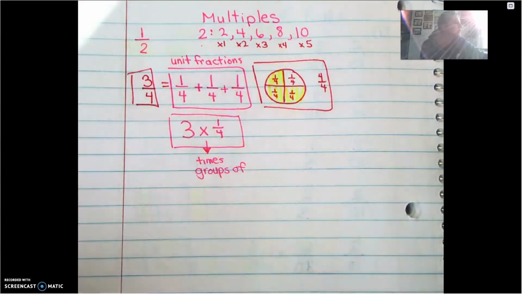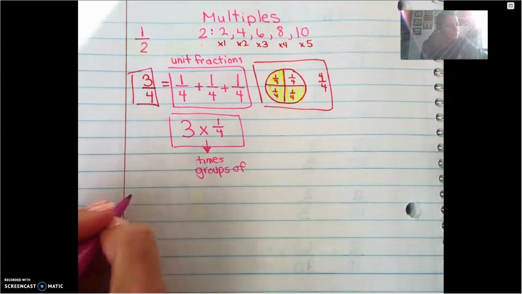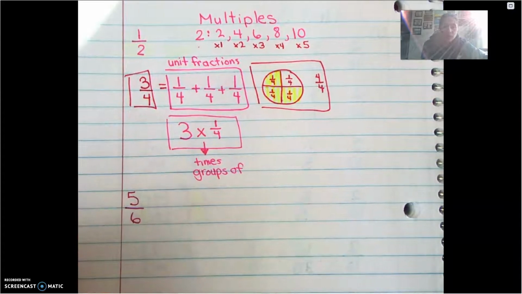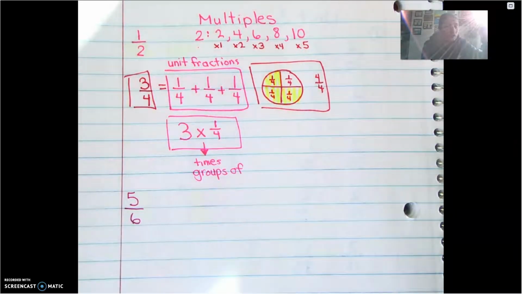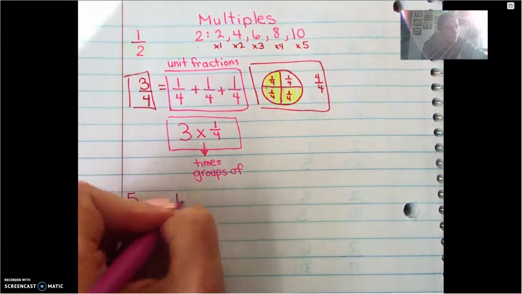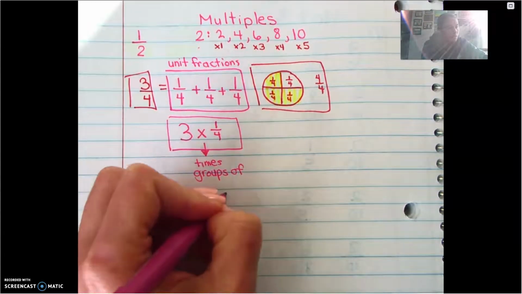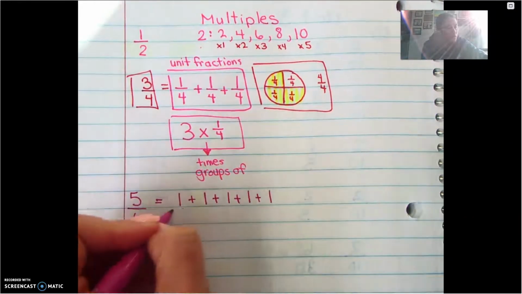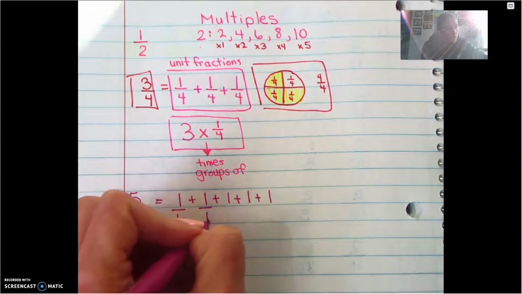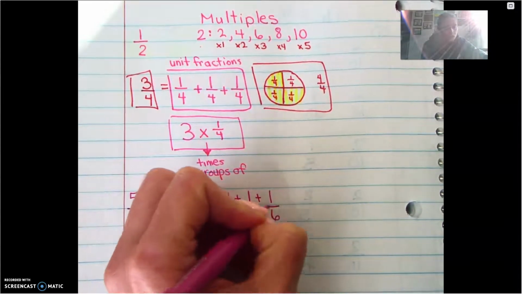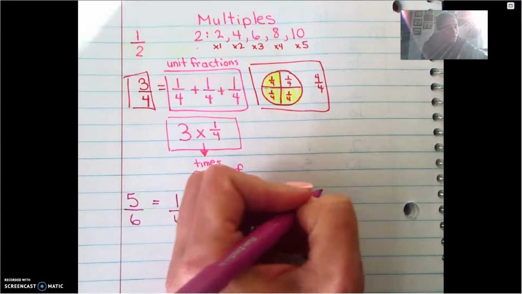Okay, so let's try another one. Let's do 5/6. The first step is we are going to make it into unit fractions. So we have 5, so it's got to be 1 plus 1 plus 1 plus 1 plus 1. And then they're all 6. Don't forget to put your denominator on all of them. The denominator does not change because our number of pieces do not change.